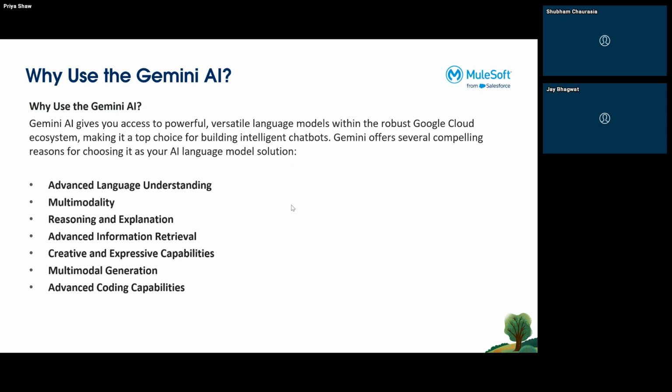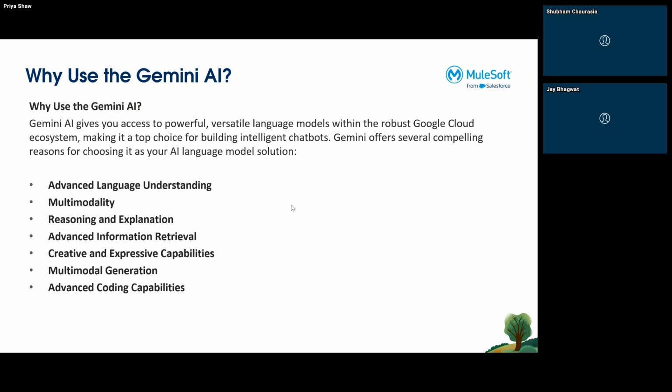Gemini is very capable of going beyond keywords and helping you find the correct and accurate answer for your given prompt. Then we have creative and expressive capabilities, where Gemini helps you generate unique audio or video content. This is for exploring and letting humans interact well with AI.